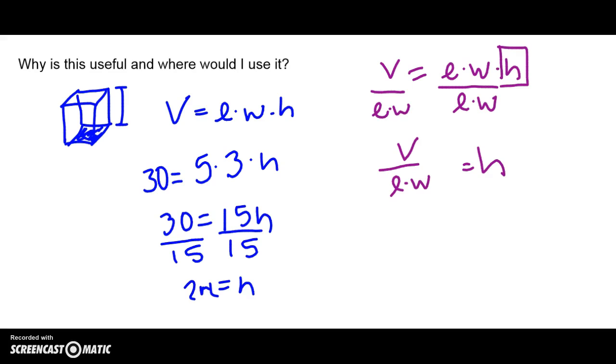Let me give you another example. Here's one that you've been working with commonly. Density is equal to the mass divided by the volume. If I asked you what this was solved for, you could tell me that this equation was solved for the density. I can also rearrange this equation to solve for the mass. So let's try that.